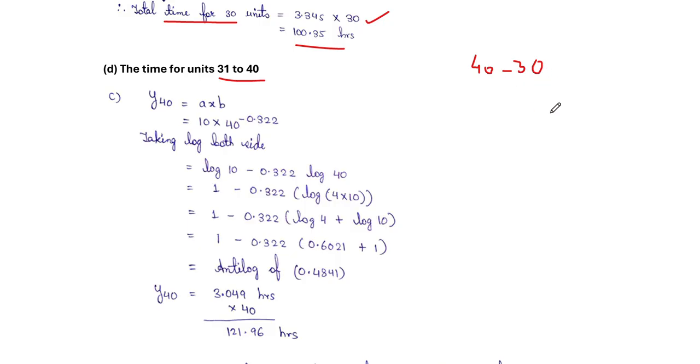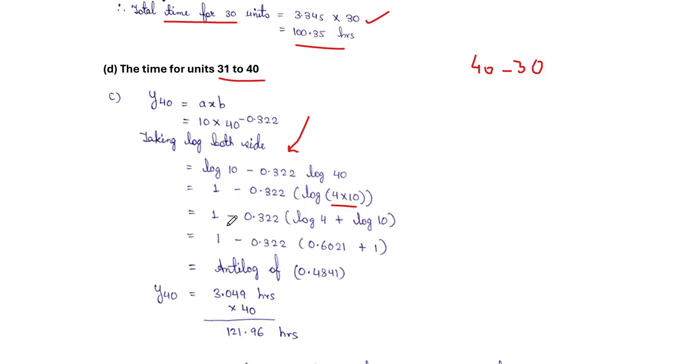So first we will find Y40. Taking log on both sides, log 10 minus 0.322, this is the learning curve value of 80%, into log 40. Further we solve, 1 minus 0.322. Now we will write log 40 as log 4 into 10.